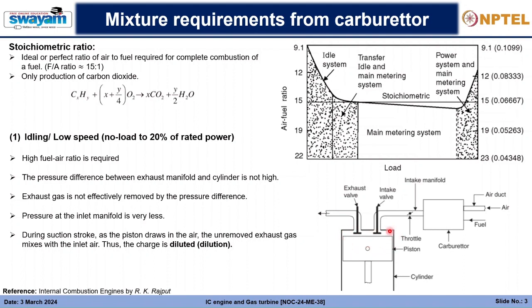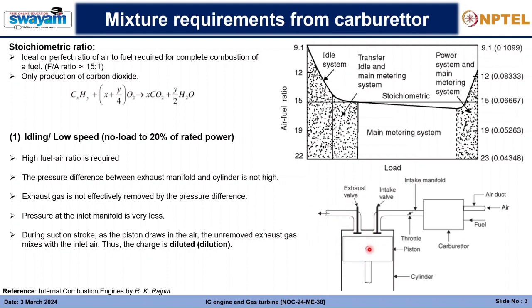So the charge, which is the volume of air or air fuel mixture which needs to be present inside that cylinder, is limited, right? But in that same volume, the amount of fresh charge is less, and the amount of exhaust gases is high.